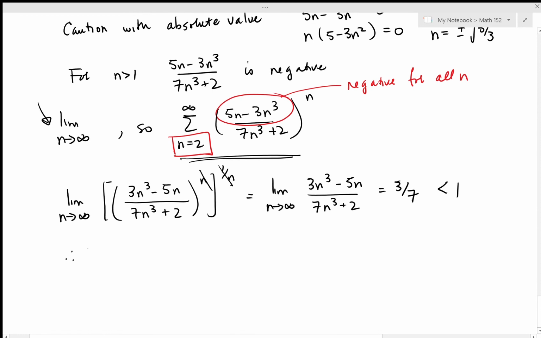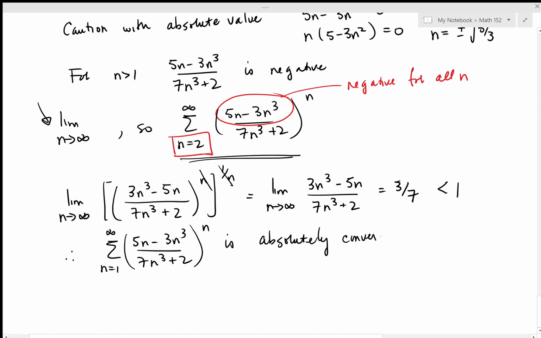Therefore, the original series is absolutely convergent by the root test.